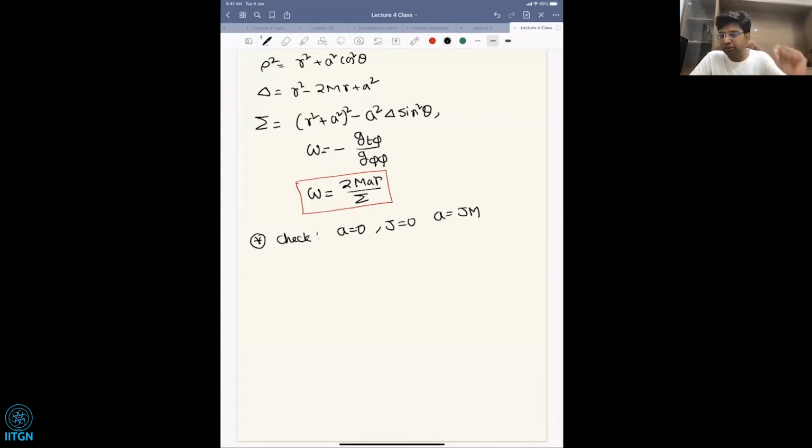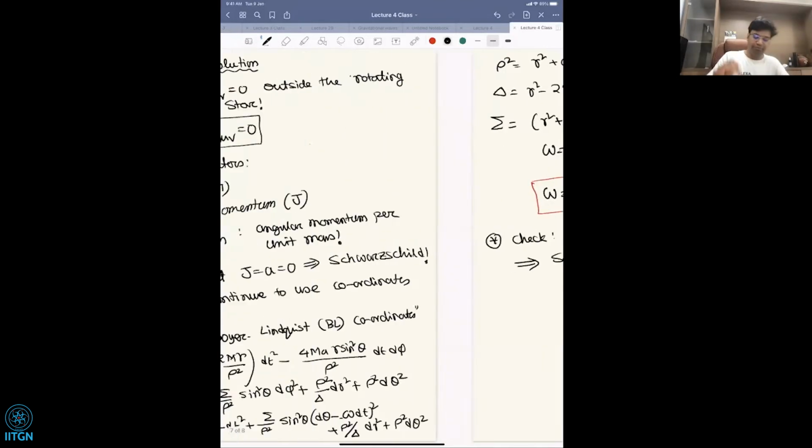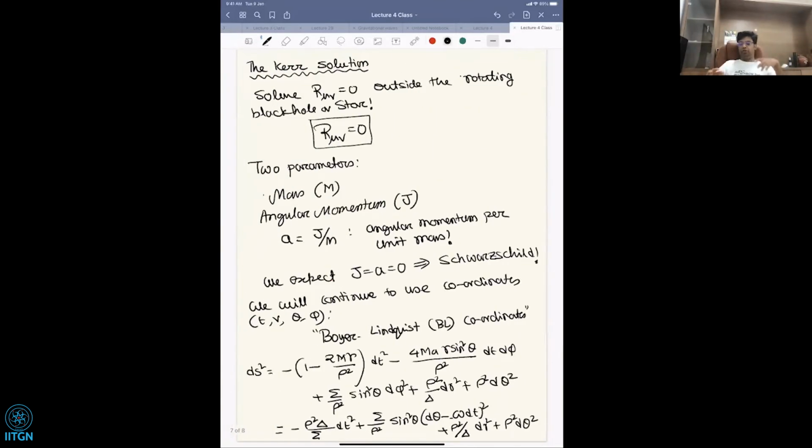If you put a equal to 0, you will see that the metric goes to Schwarzschild. You can check that each and every component of the metric ultimately goes to that of Schwarzschild. Good.